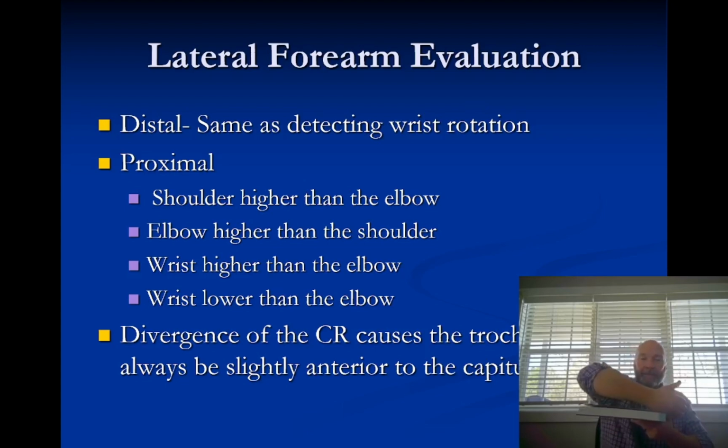And if that's the case, it's going to separate those condyles that are on the distal portion of the humerus. So condyles should be stacked right like this. If we've got one that's much more anterior than the other, I'll show you when we get to elbow how to tell the difference between the two.